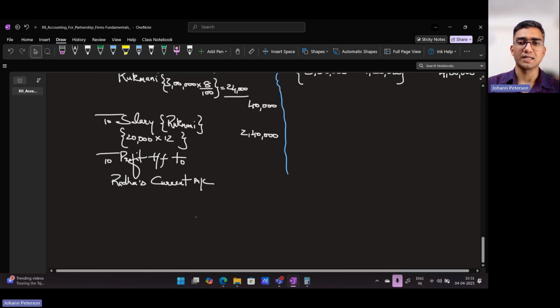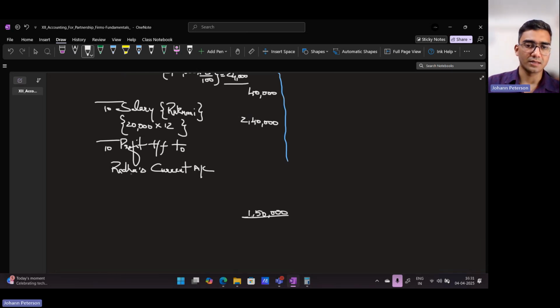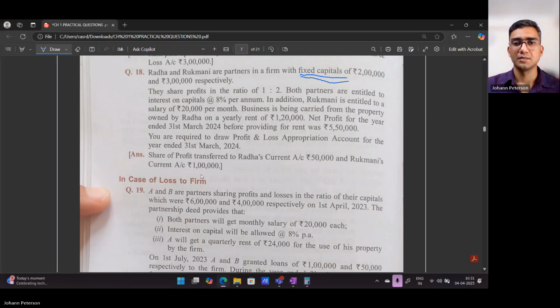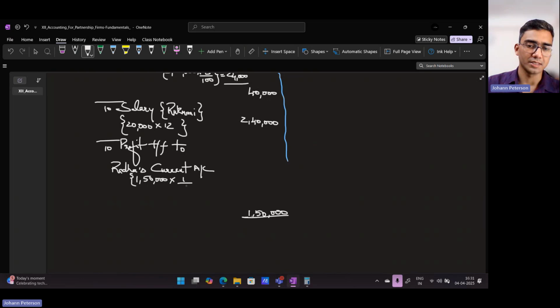Now we know that the balancing figure was 1,50,000. So let's show the calculation. The total, I'm writing it here. And this calculation will be 1,50,000 into 1:2. So that means into 1 divided by 3, which is 3 5s are 15. So 50,000.